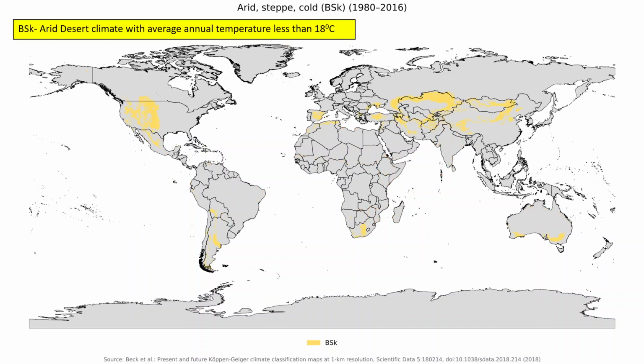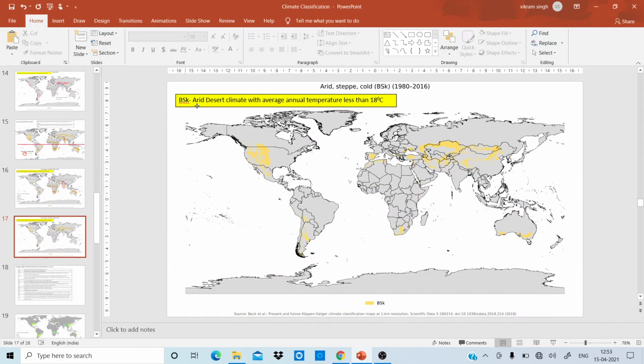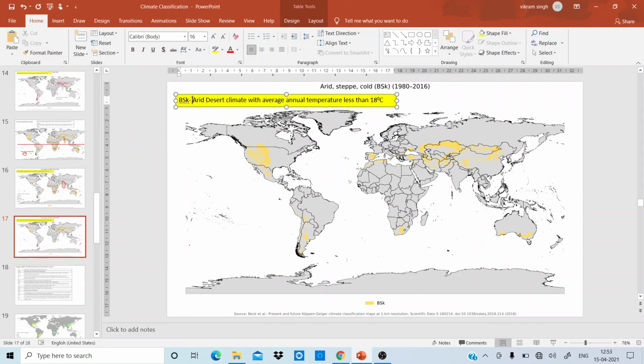And BSK, which is the semi-arid with annual temperature less than 18 degrees Celsius. I'm sorry, I made a mistake in writing it. It will be semi-arid steppe climate, not desert. Semi-arid steppe climate with annual average temperature less than 18 degrees.